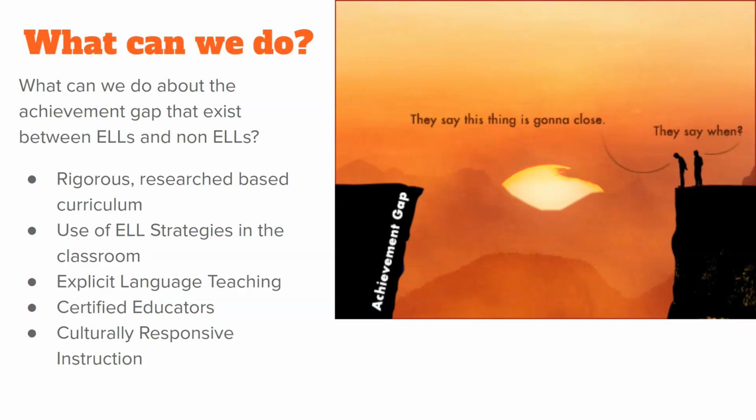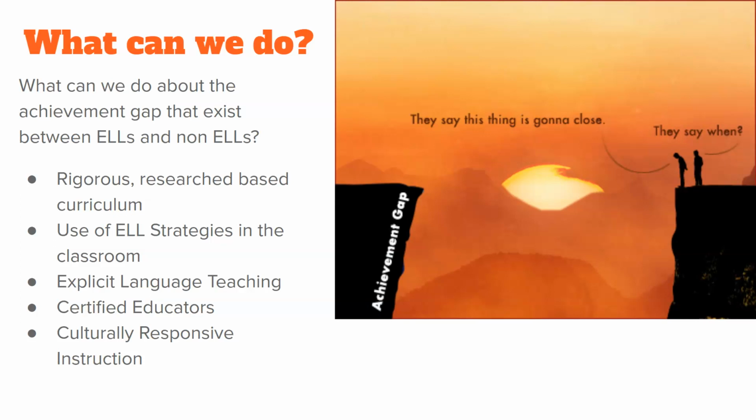So, here are some things that we can do to close this achievement gap. And these were suggested through research. We could have more rigorous research-based curriculum, the use of ELL strategies in the classroom. One of the historical court cases that we learned about said that just providing the same materials isn't providing an education for English language learners.